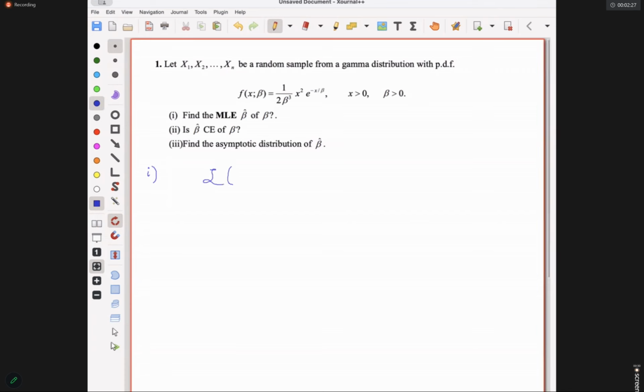So what is our first step always with finding a maximum likelihood estimator? Yeah, so we need the likelihood function, which we get by taking the product of all of these marginal density functions for the xi's. They've got the product from i equals 1 to n of f_Xi of xi given beta.